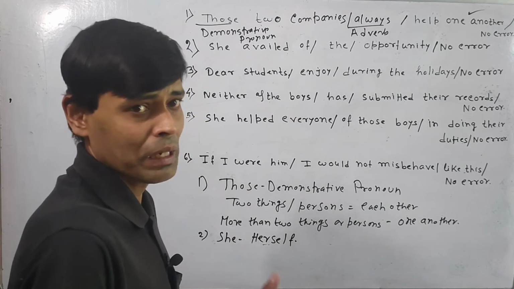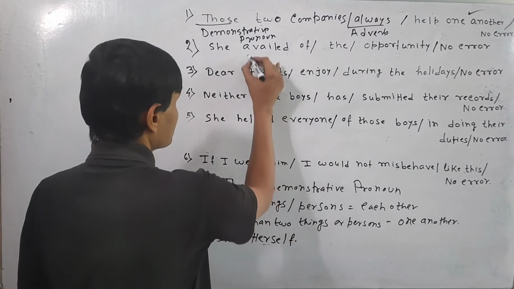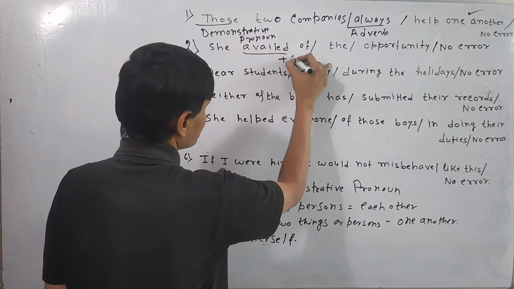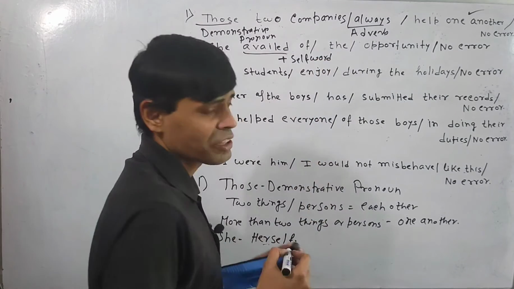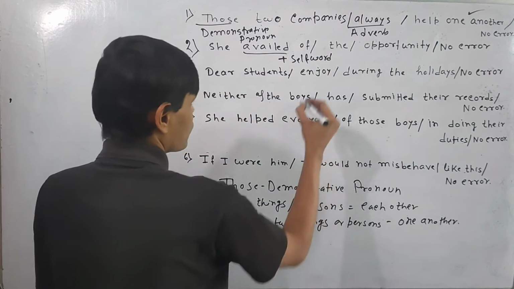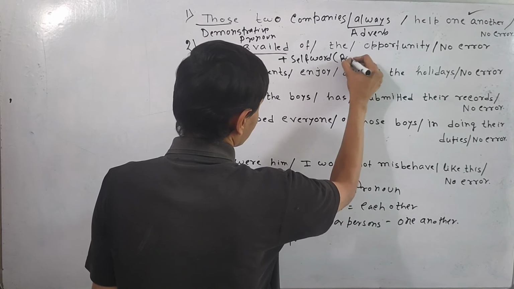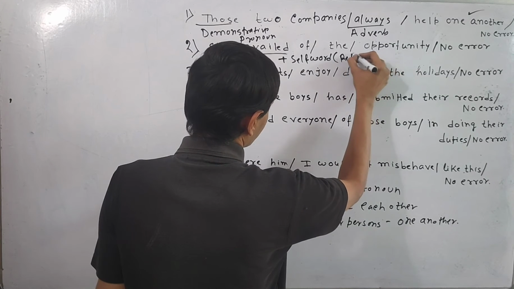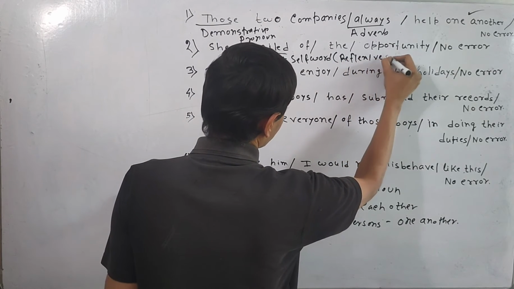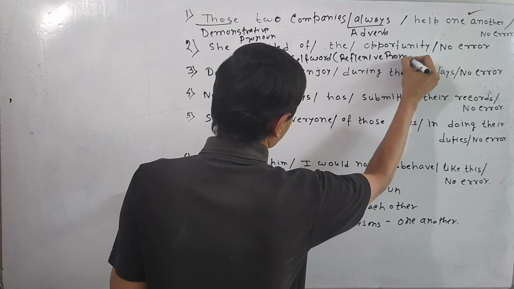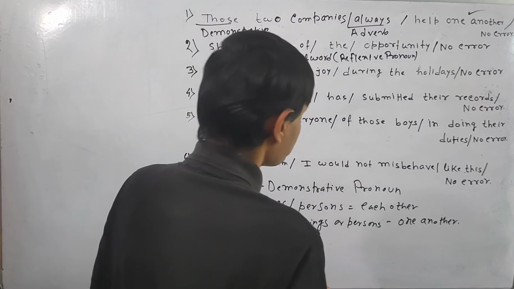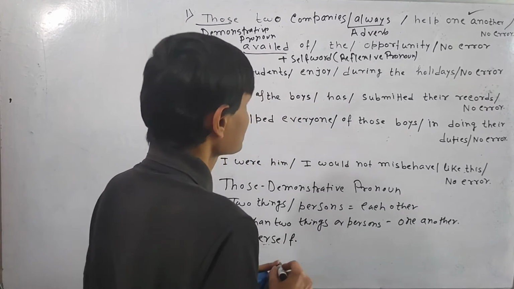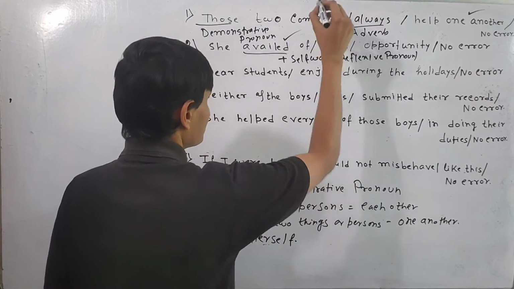So be careful whenever the word avail is there, you have to use one self word, and the self word functions as the reflexive pronoun. So here the self word is missing. If self word is missing, it will be a big mistake. So you have to add this self word. So this is the mistake. That means the mistake lies here.